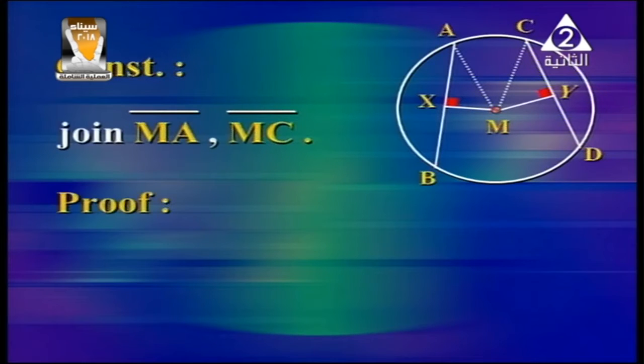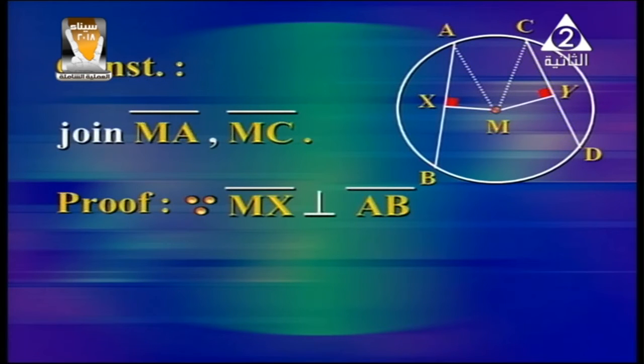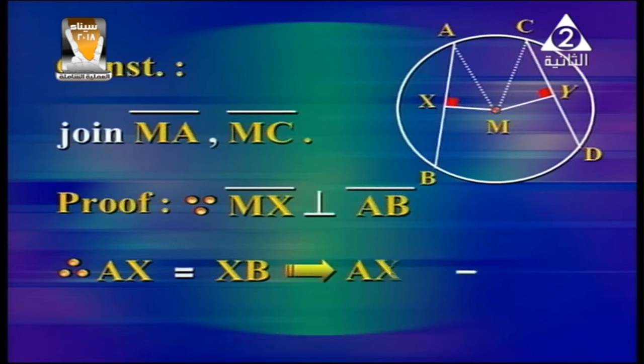Now let us try to prove such a problem. First of all, you have MX perpendicular on AB. It means that AX equals XB. Then AX equals half AB. By the same way, MY is perpendicular on CD.